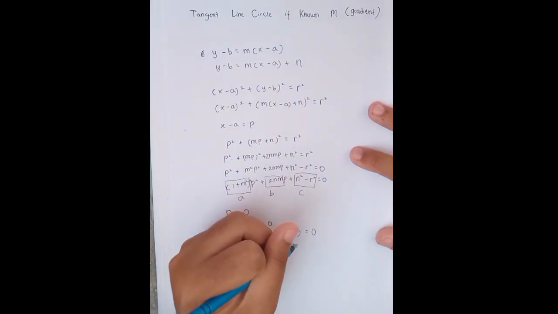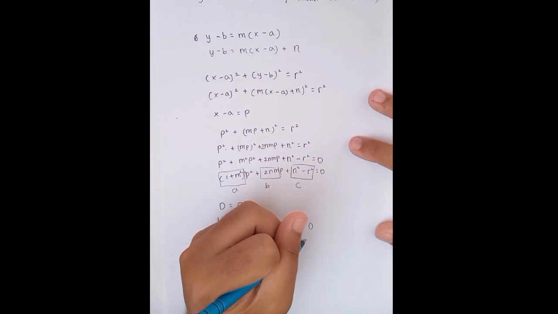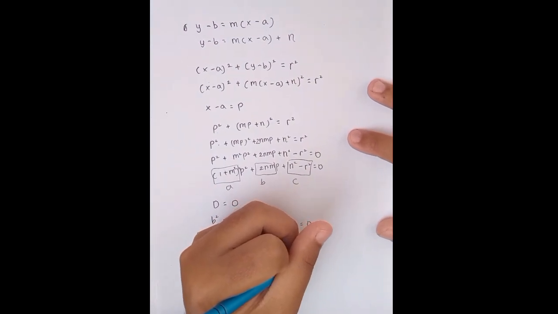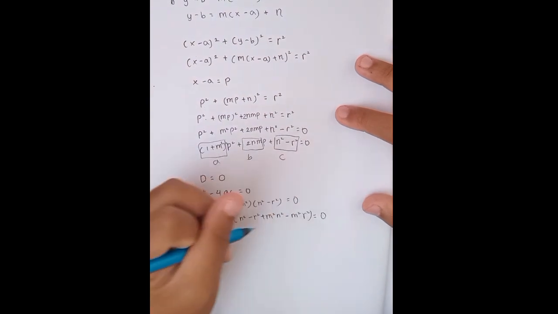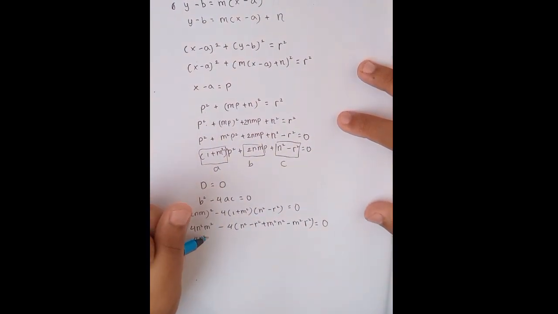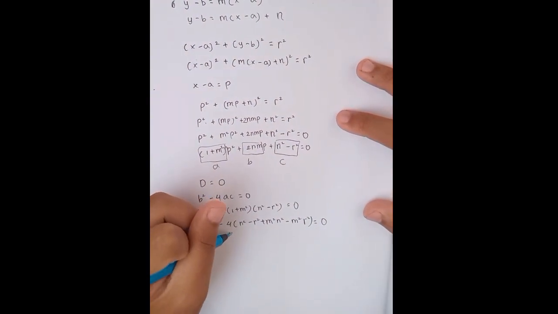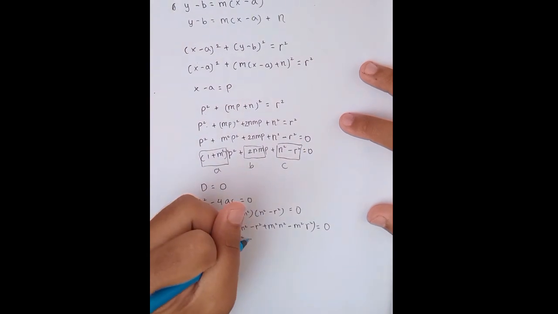Expand these equations so that n squared minus r squared plus m squared times n squared minus m squared r squared.